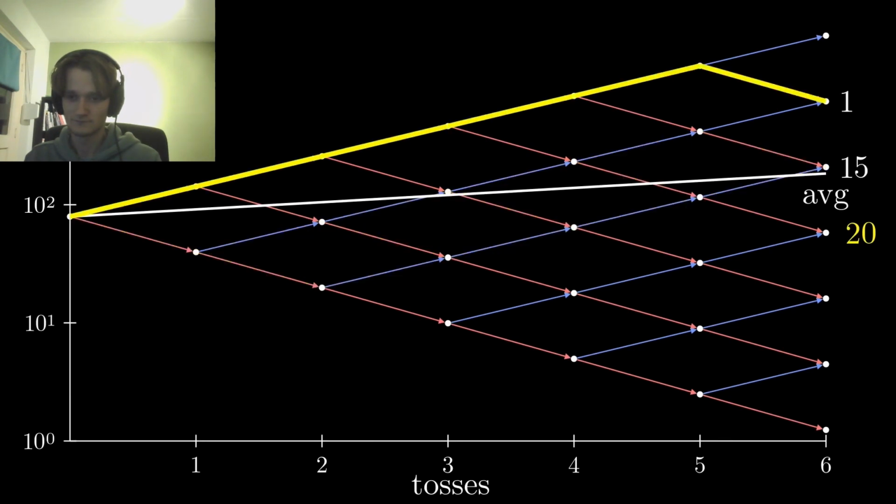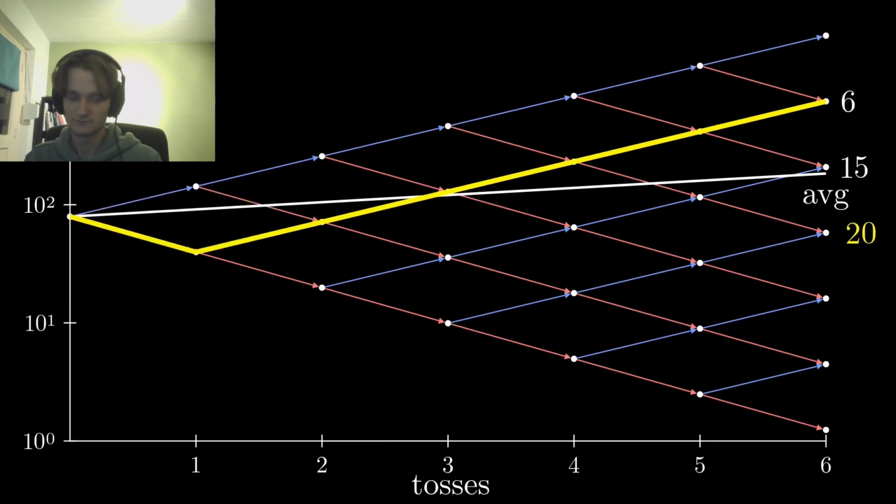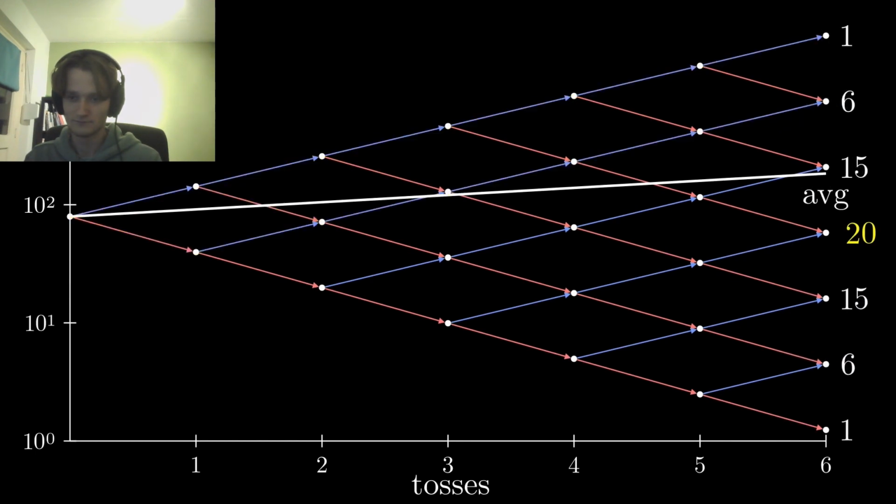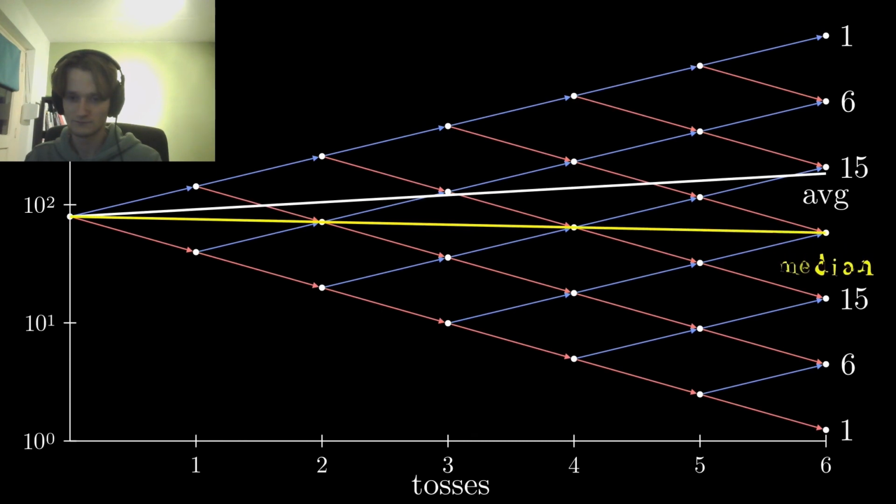And so on. Same applies to the other half. Half heads, half tails occurs the most, 20 times. It's the median since it's in the center, and the mode since it's most common.